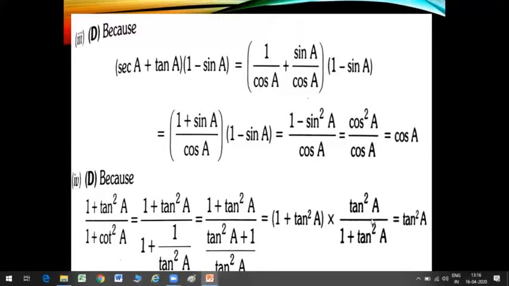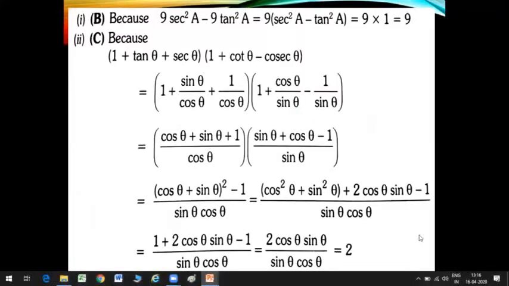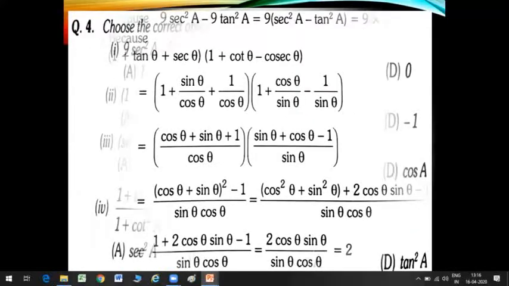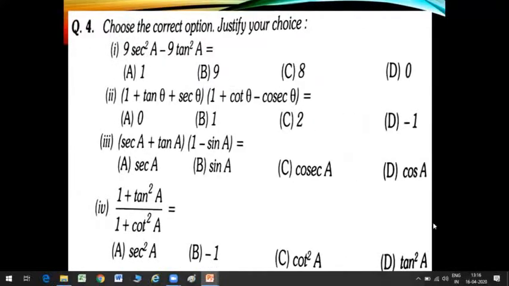Then 1 plus tan²A cancels, and the answer is tan²A. For the fourth part, the correct option is D, tan²A.